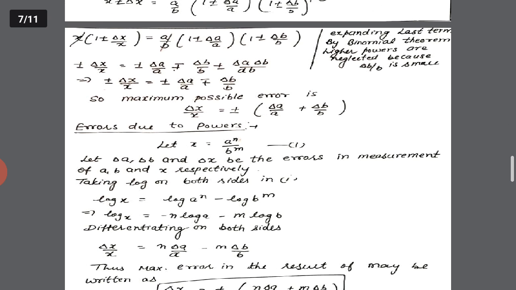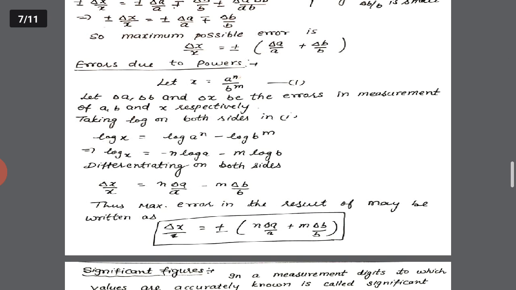Okay, errors due to power. x is equal to a to the power n upon b to the power m. Again, these are the corresponding errors in measurement, taking logarithm on both sides. It may be a new term for you, and you will study in the next chapter the basic formulas.